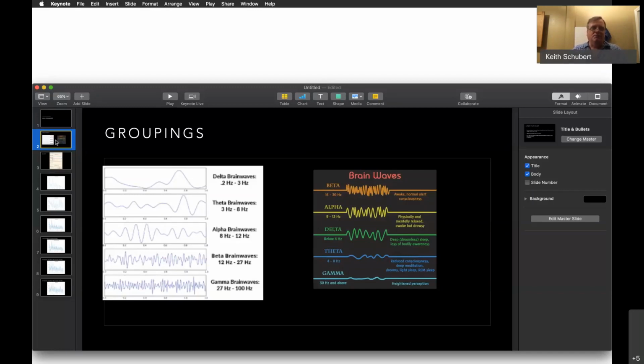So they split the beta off and then went higher frequency with gamma. Essentially take that 13 to 30. One of the two I put up here shows 12 to 27. If you notice, you'll see that tendency.